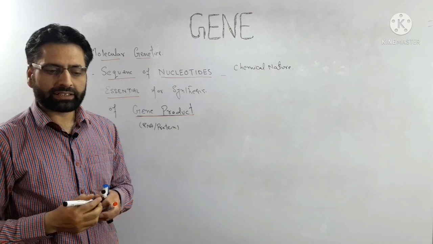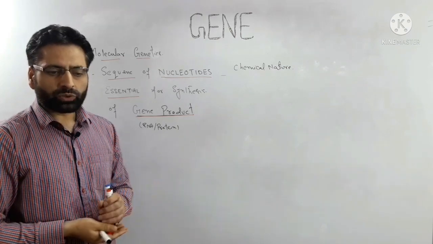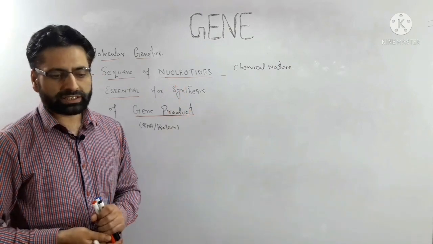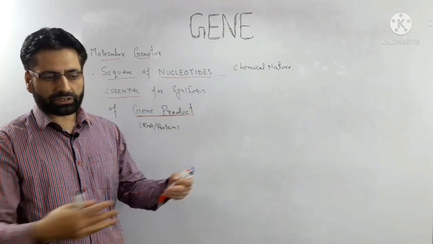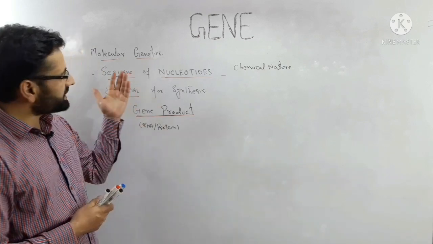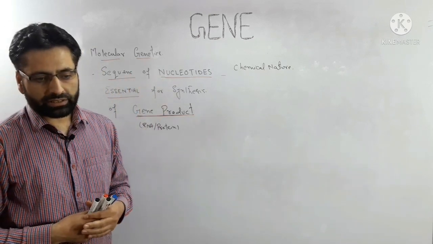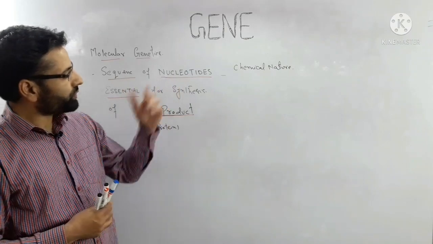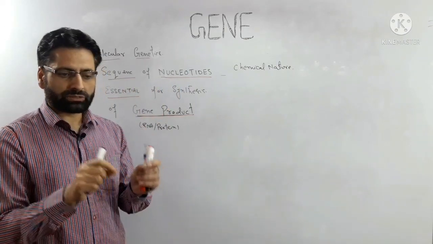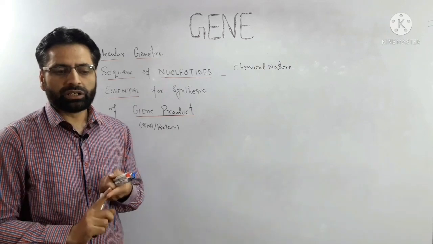These nucleotides get linked together through phosphodiester bonds, and they form nucleic acid molecules. A chain of these nucleotides forms nucleic acids. That is, you can say that the gene is actually a nucleic acid. Its molecular composition is nucleotides.